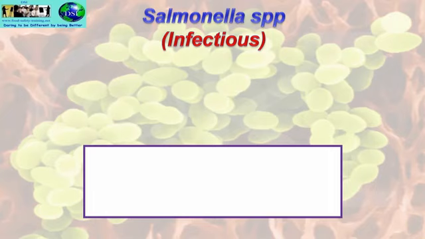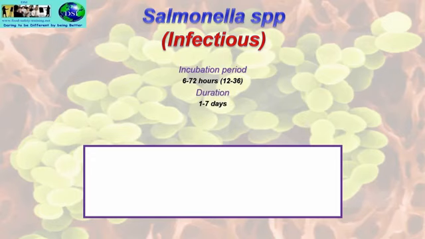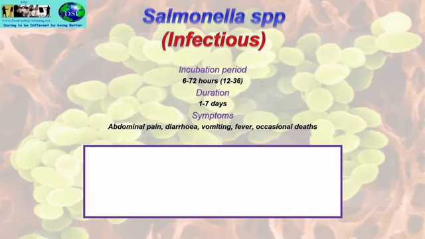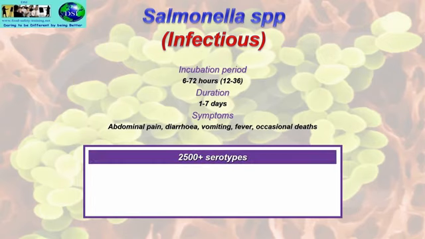So Salmonella caused by large numbers being consumed. The incubation period is 6 to 72 hours, typically 12 to 36. Duration, 1 to 7 days. The symptoms: abdominal pain, diarrhea, vomiting, fever, and occasional deaths. There are 2,500 plus serotypes.